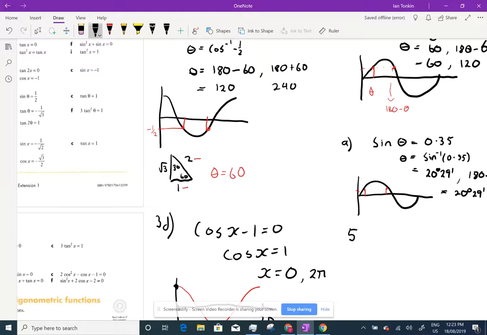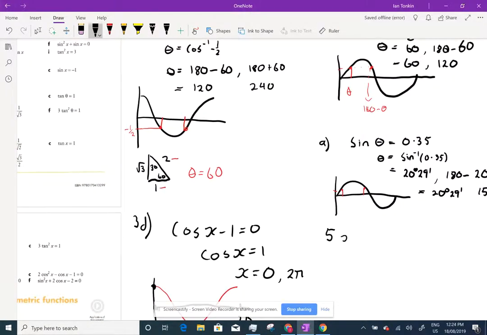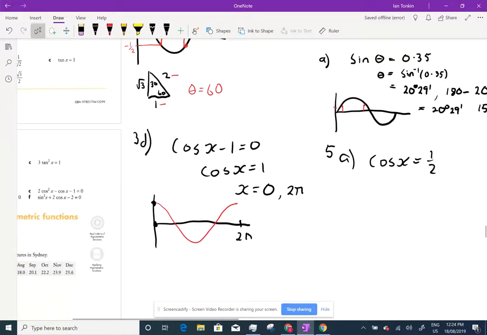So let's have a look at 5. And we get 5a, cos x equals a half. Well, we know there are going to be two answers between 0 and 2 pi, and they're going to be there and there.